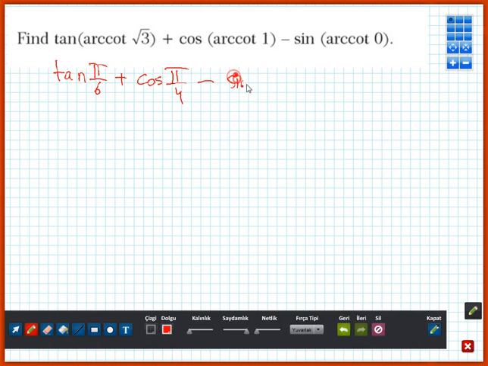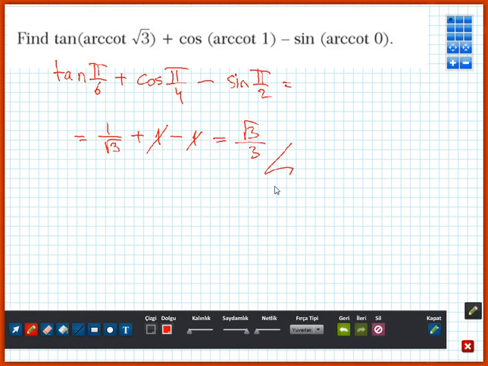So this one will be sine pi over 2. The result is tangent pi over 6, which is 1 over root 3, plus 1 and minus 1. 1 minus 1 is 0, and the result will be root 3 over 3.